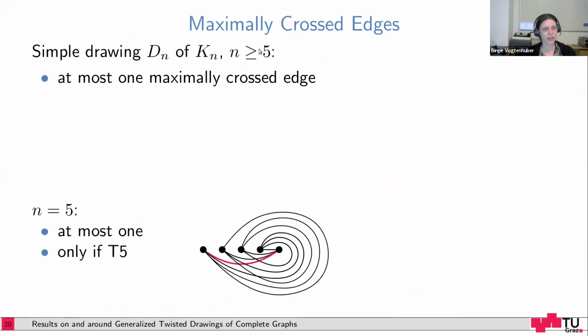The second ingredient are maximally crossed edges. So any simple drawing of the complete graph contains at most one maximally crossed edge. For n equal 5, we can do this brute force by saying, well, there is only one out of those 5 different rotation systems that gives us a maximally crossed edge, the T5.